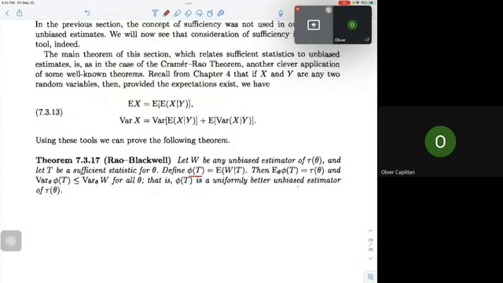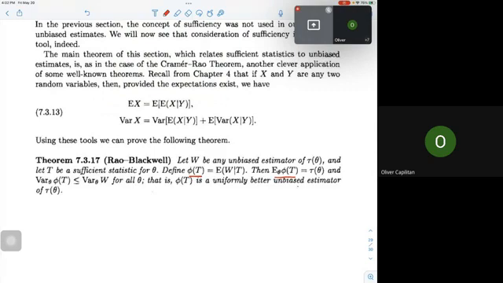So phi of t, which is a function of the sufficient stat, is equal to this conditional expectation of the unbiased estimator conditioned on the sufficient stat. We define that. Then it says here that the mean of the random variable, because this is a function of our sufficient stat, the mean of phi of t indexed by our theta will just be equal to the function of our parameter.